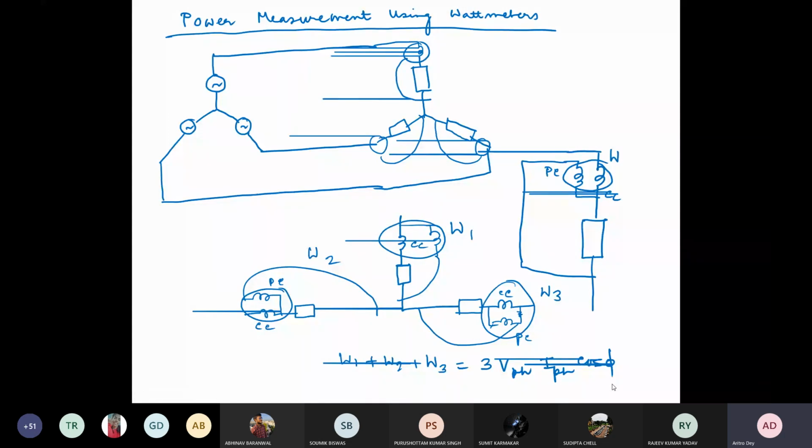But we can always reduce the number of wattmeters, like we can use 2 wattmeters, and based on that, using your 2 wattmeters, we can measure the 3 phase power. So for that, how we can make our connection, let me do it for you.